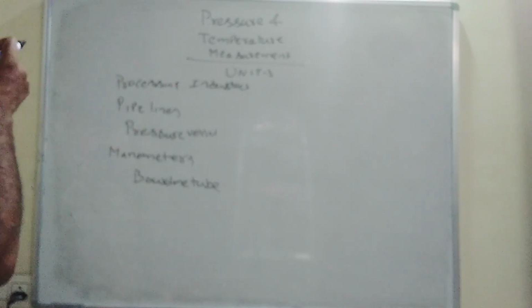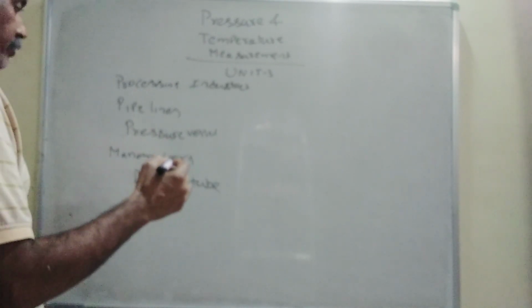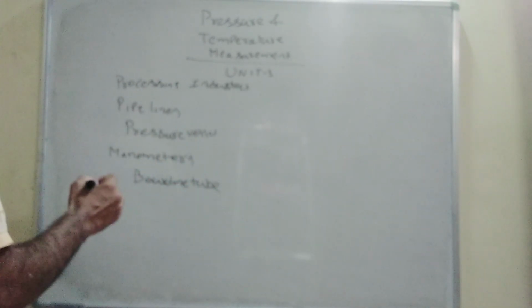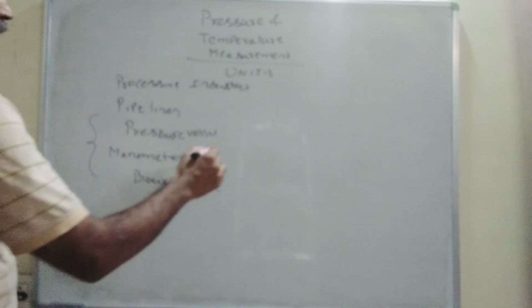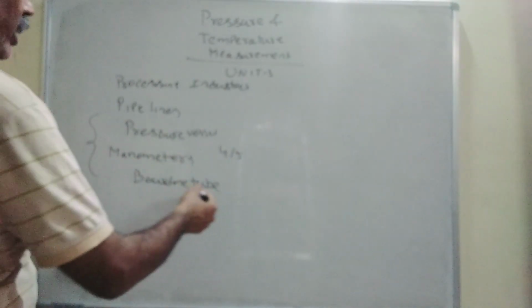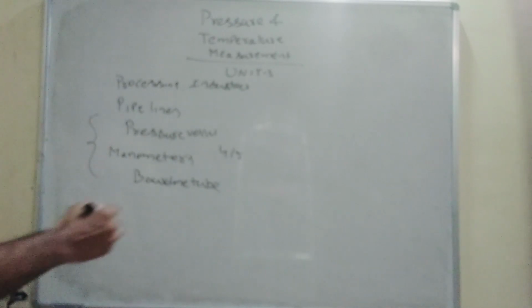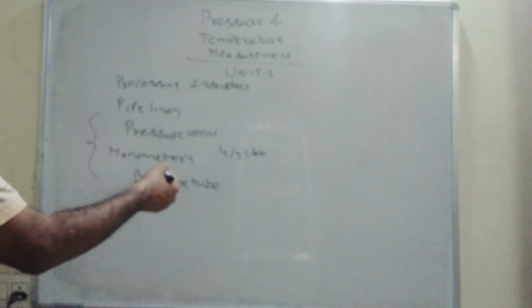There are two devices with which we can measure the pressure. These two devices we can discuss for 4 to 5 classes. Manometers 2 classes I can take, Bourdon tube 2 classes I can take. And let us see what is a manometer and what is a Bourdon tube.